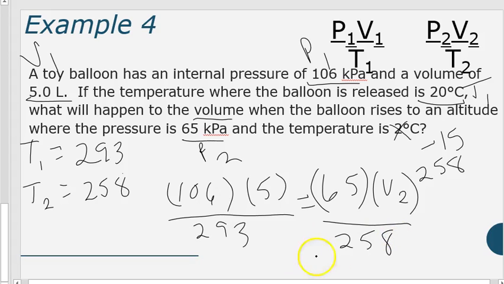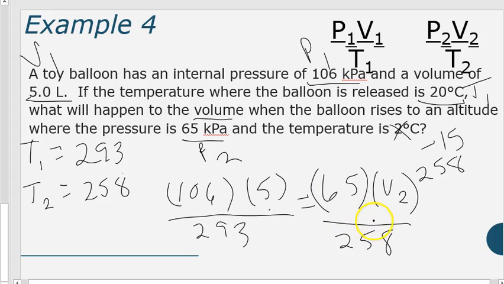Okay, so the easiest thing to do here would be to go ahead and calculate this together. So you would do 106 times 5 divided by 293 and get a number. And then over here, you would get 65 divided by 258, get another number.